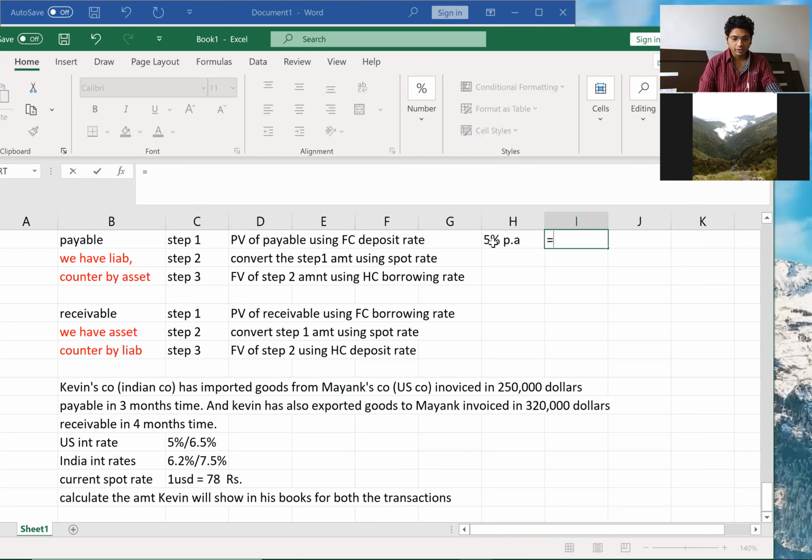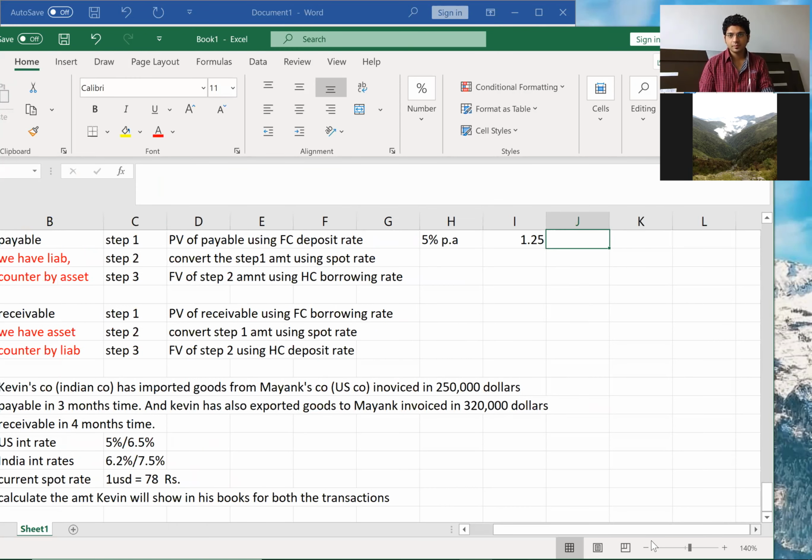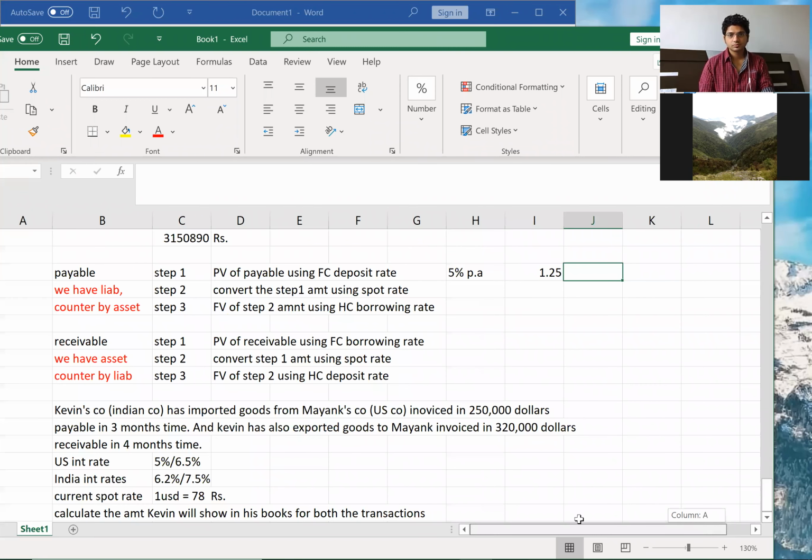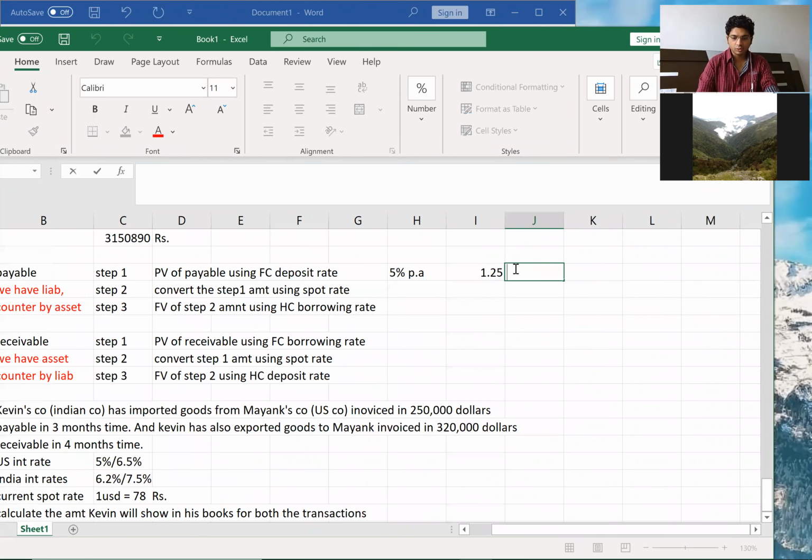Correct. So that will be what? That will be 5 into payable is 3 by 12, right? So 1.25%. So this will be done at 1.25%. So my present value formula I can put: present value equals future value into 1 by 1 plus r.